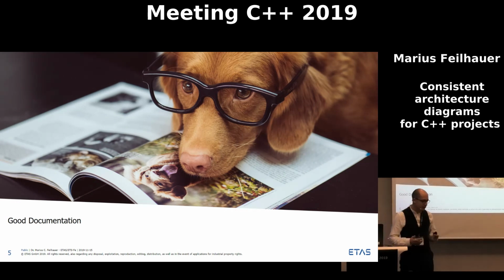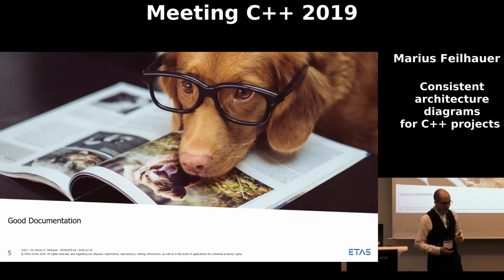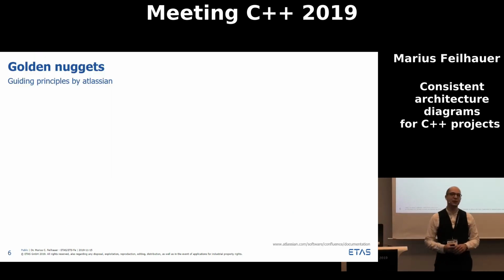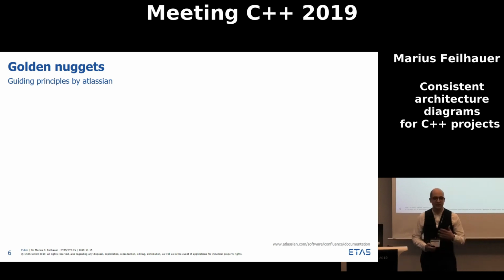So, what is good documentation? I've read quite a bit about it, and I found an interesting web page from Atlassian. Most of you know them, and they have the golden nuggets of documentation, as they call it. It's quite intuitive. I think it's reasonable to point them out here. So these are mainly three guiding principles.